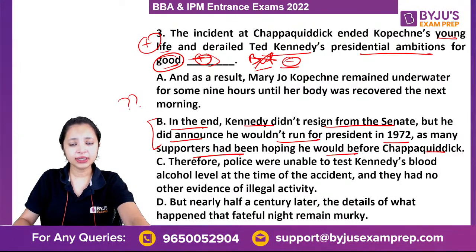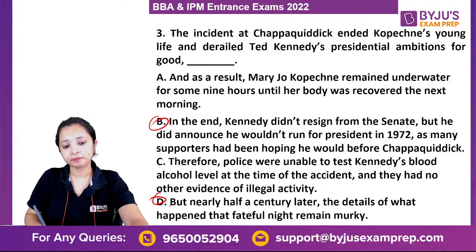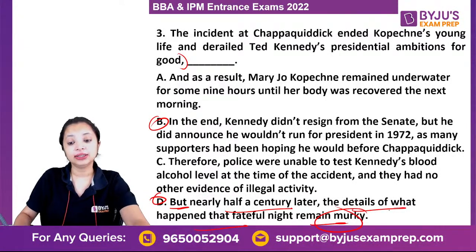So, what is good in statement B? All of those who are marking B, what's good? It derailed his presidential ambitions for good. In fact, अगर आप B और D को compare करोगे, यहाँ but है, यहाँ it ended for good, but nearly half a century later, the details of what happened that fateful night remains murky. That's a negative one. This is a positive one.